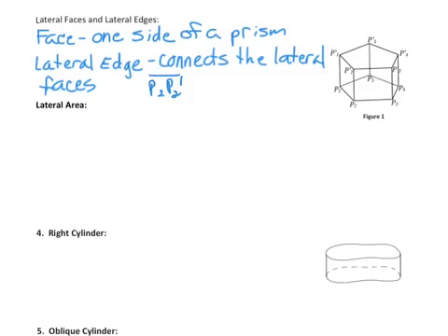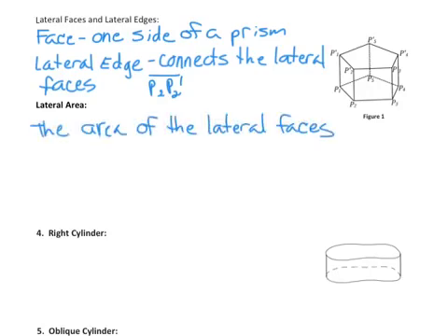So the lateral area is going to be the area of all the lateral faces. So it's the surface area of the prism minus the base area. If you wanted to determine the lateral area, you could calculate the area of all the faces and then add them up.